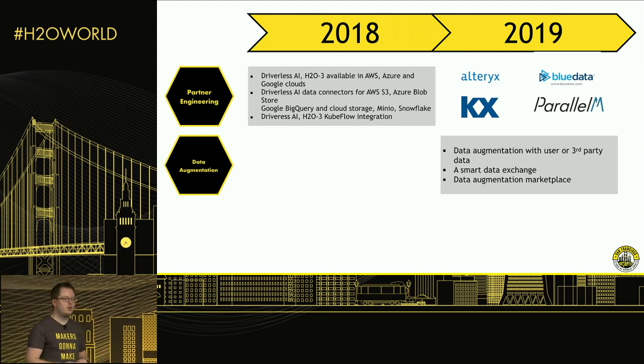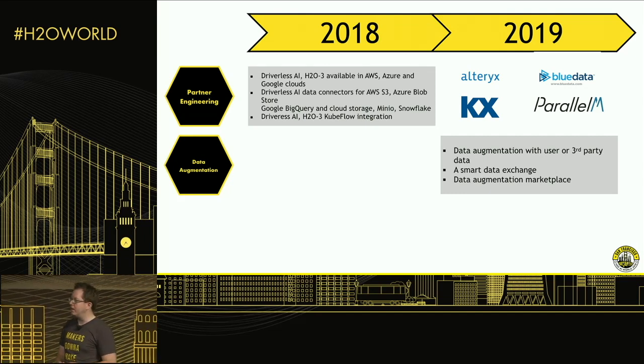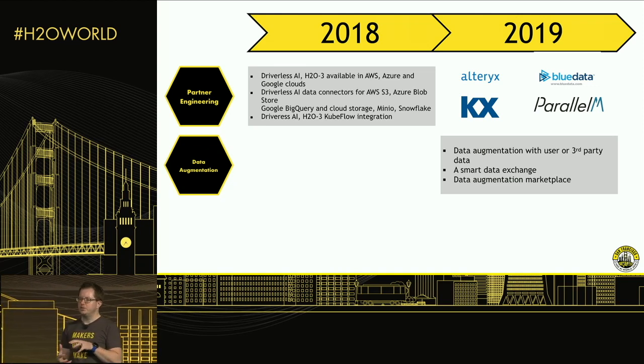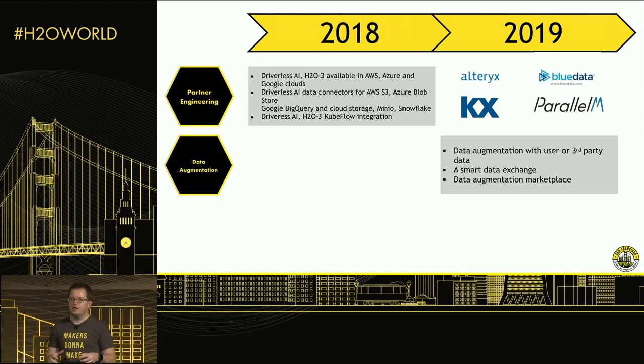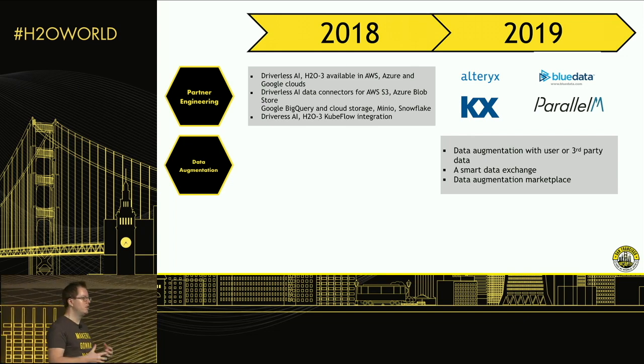And the last thing I would like to mention, which is the latest addition to the ecosystem, is data augmentation. This is a project which tries to augment your data with some third-party data.